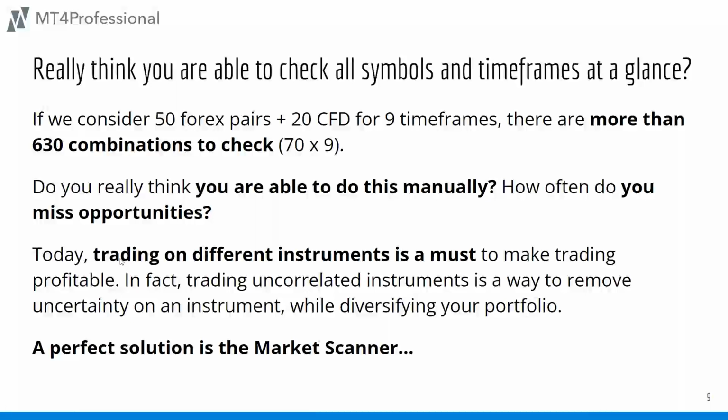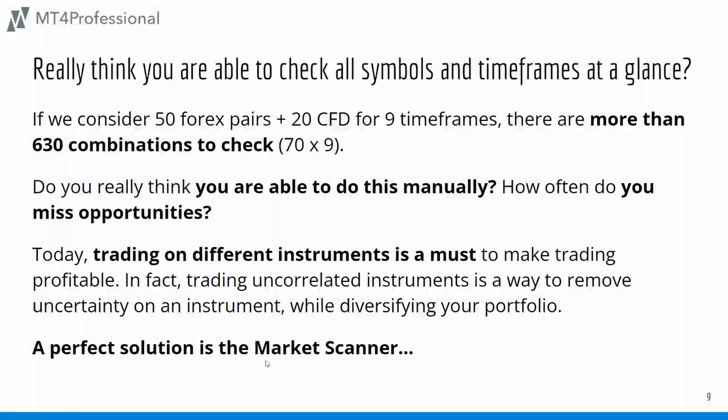So that means we do want to trade on different instruments as much as possible, because not one instrument will always be trending. You might be successful on trading one instrument a certain time of the day, but during different times of the day, different instruments are going to be trending, and you want to have access to all of them.